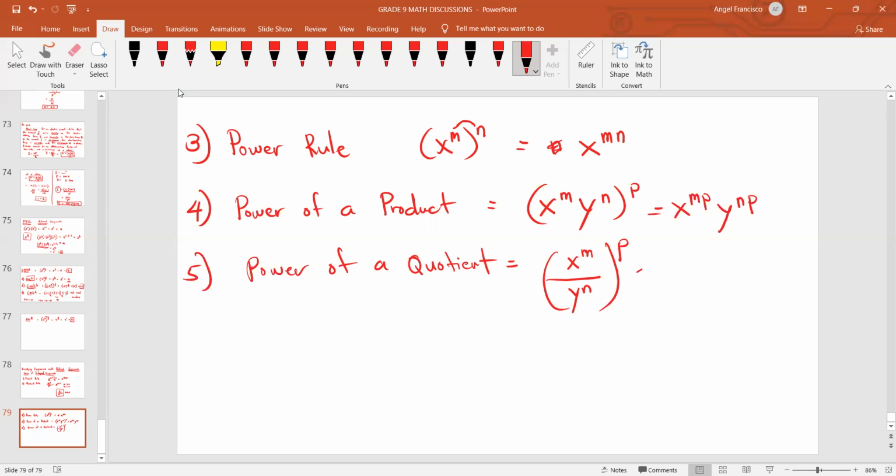So the same thing, x to the mp power all over y to the np power. Okay? Provided that y is not equal to 0. Kasi pagka 0, undefined. Hindi natin masasagot.